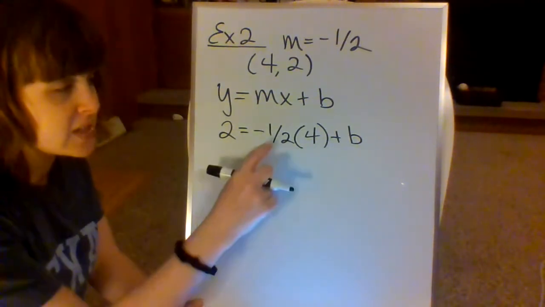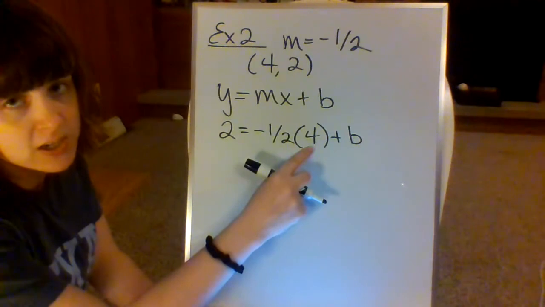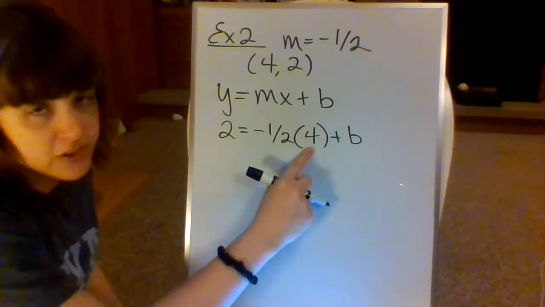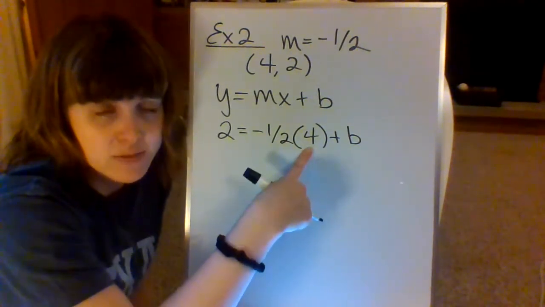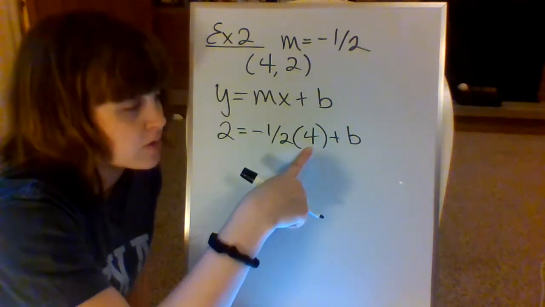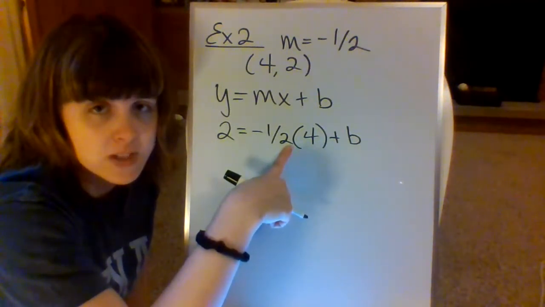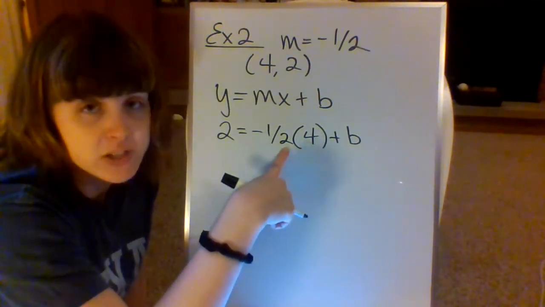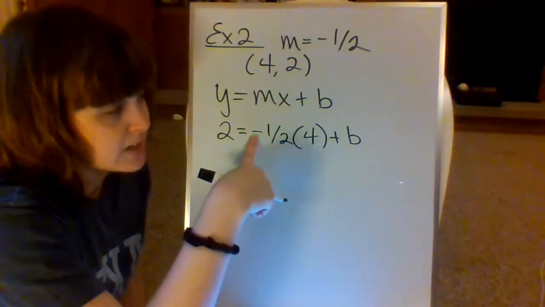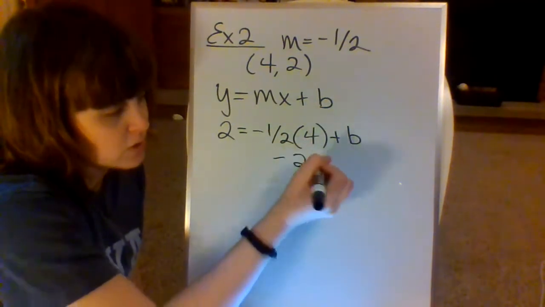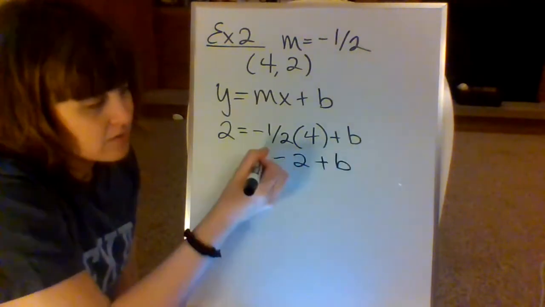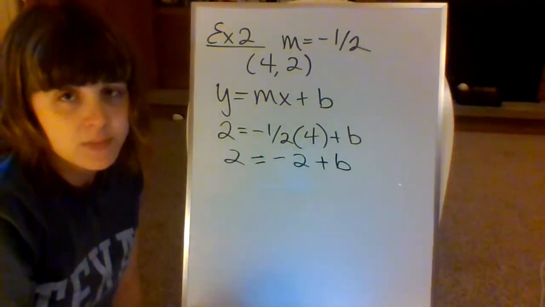So this is -1/2 times 4, so you can either think of it as what is half of 4, or 4 divided by 2. Well, I know that 4 divided by 2 is 2, and this is negative. So we're going to have -2 plus b equals 2.